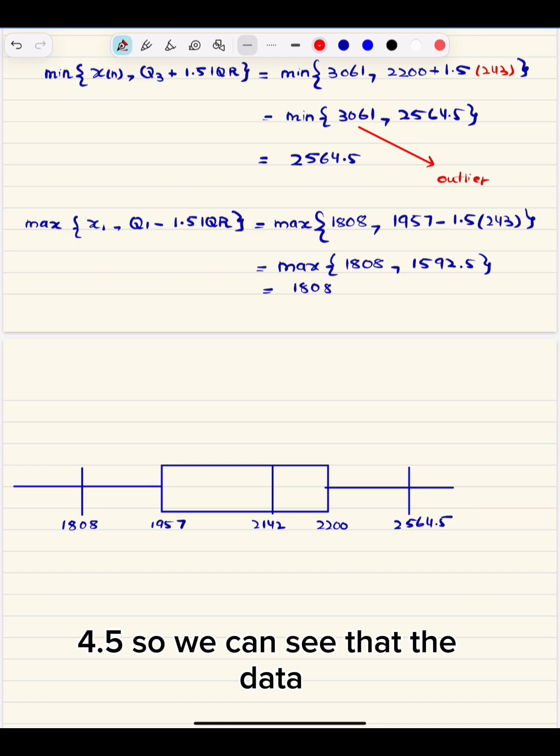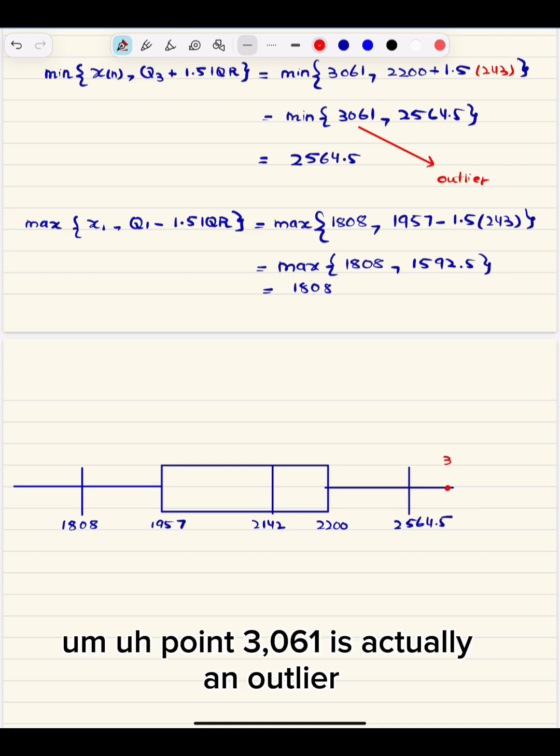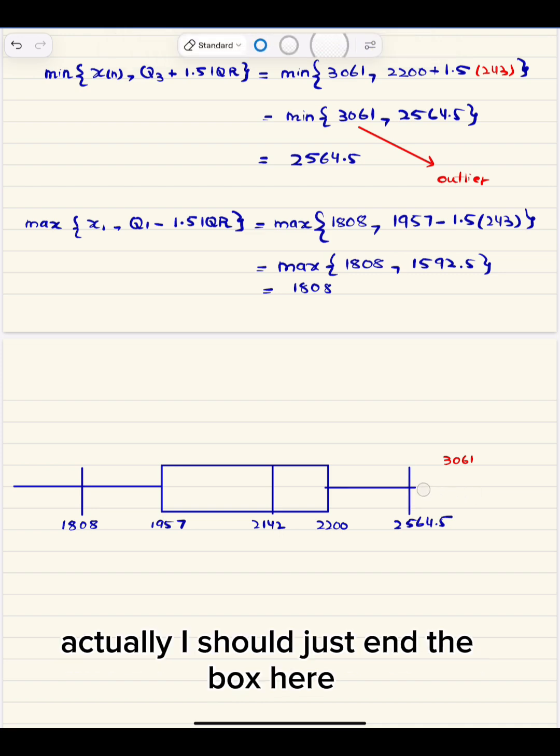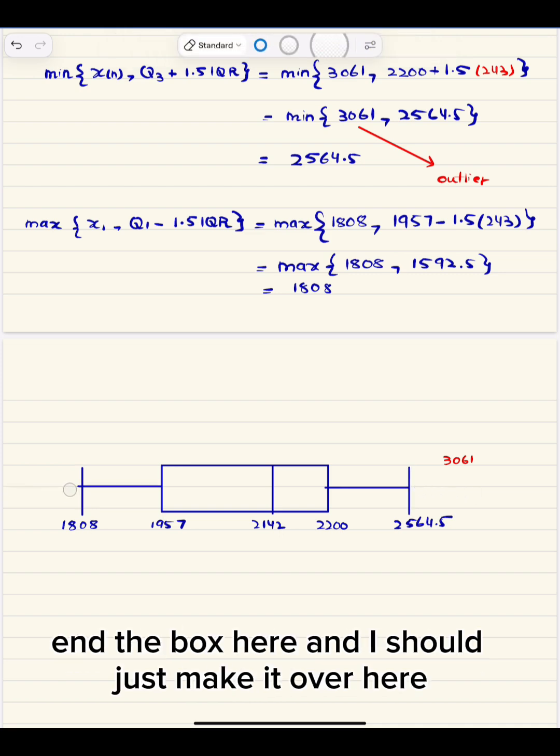So we can see that the data point 3061 is actually an outlier, because it lies outside our box plot.